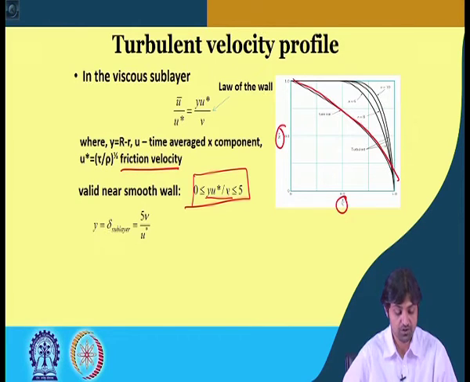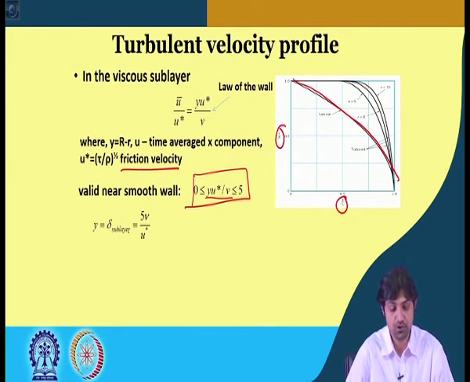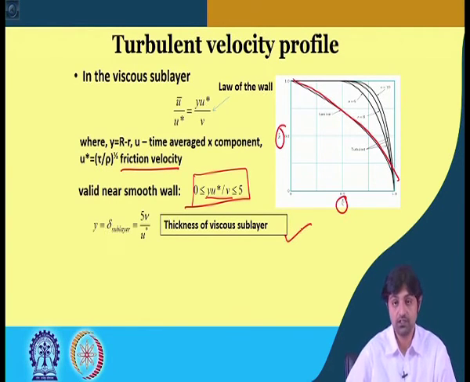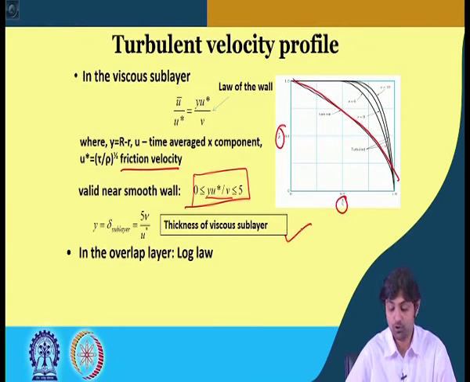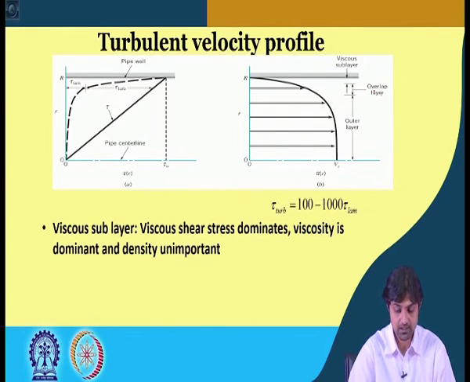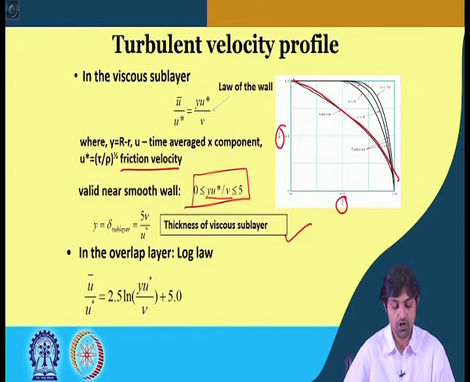So the thickness of the laminar sublayer can be written as 5 nu by u star. This is important to remember. I think you must remember this value. In the overlap layer, you remember this overlap layer, this log law is valid.